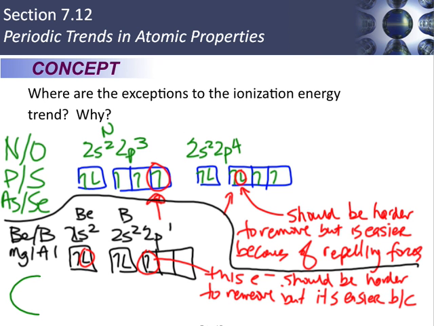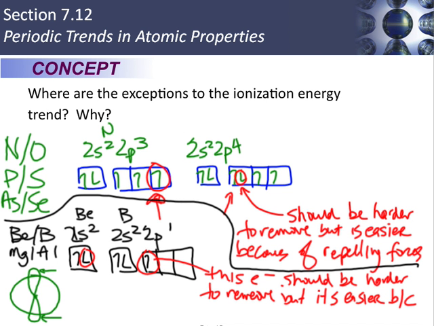It has to do with the shape of the stupid orbital. This is the 2s orbital. If this is the 2s orbital, the 2p would look like this. What can you tell me about the average distance that the electron might be from the nucleus in the p? Do you see how on occasion it's going to be further away from the nucleus, that electron? So its average distance from the nucleus is a little bit larger, making it easier to remove.